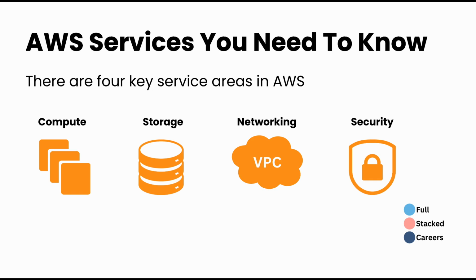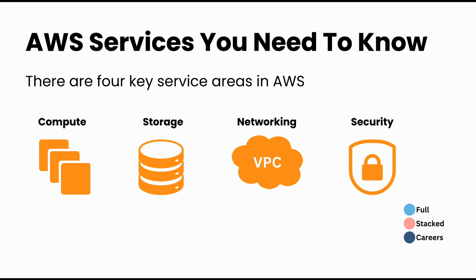Next, we have storage. This is essentially where your objects or your data is stored within the cloud. Common services for this are Amazon S3 for object storage and Amazon EBS for block storage.